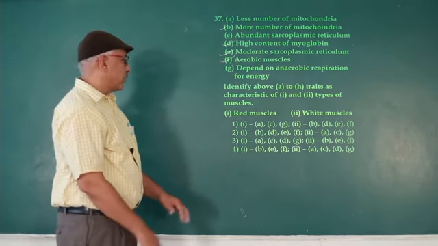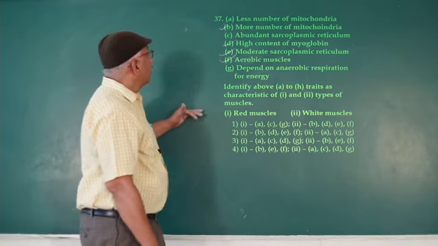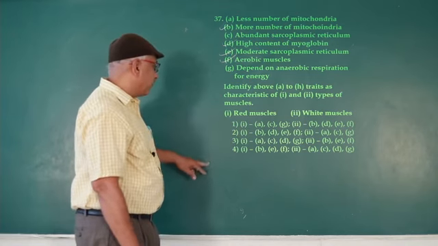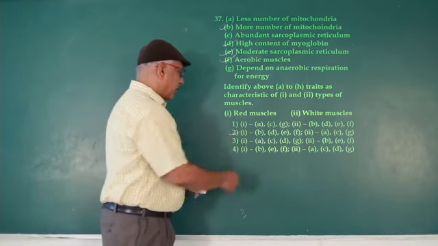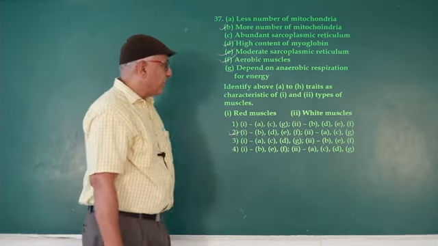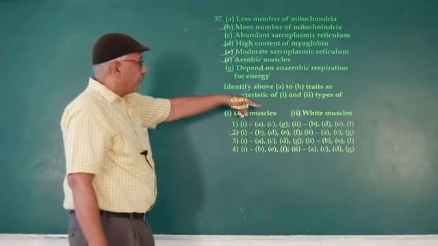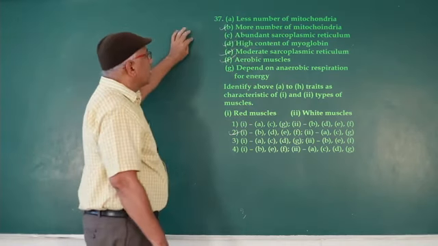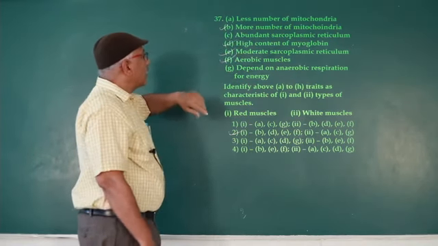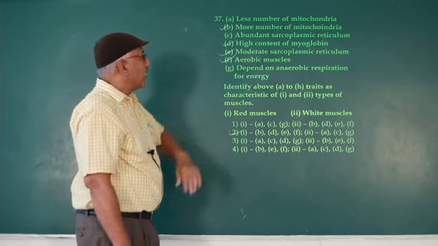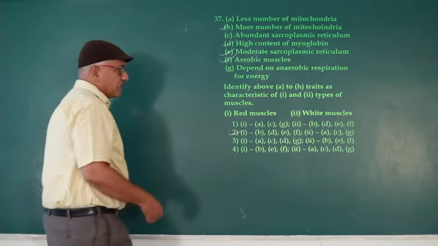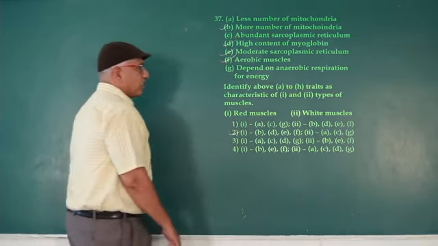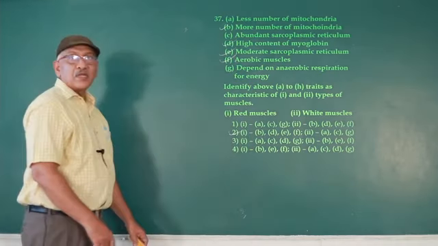These four are related to red muscle. So BDEF, the second option. Next is white muscle. What are the characters? Less number of mitochondria, abundant sarcoplasmic reticulum, dependence on anaerobic respiration, ACG, applicable to white muscles. So the option is the second.